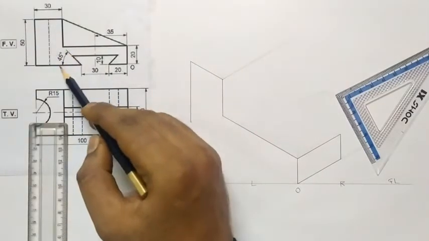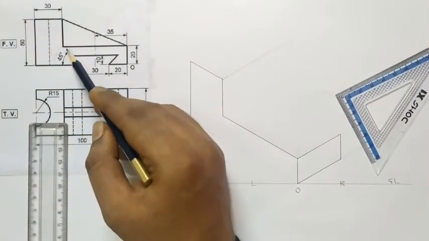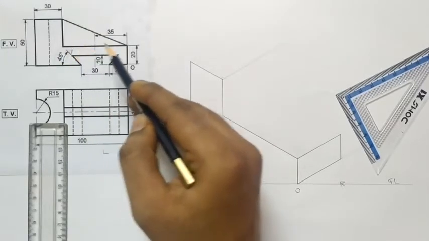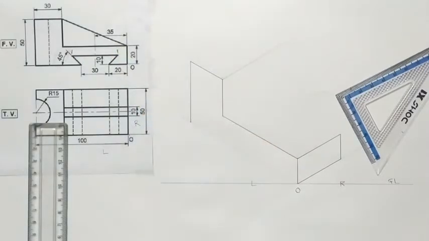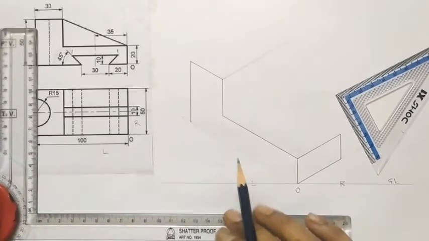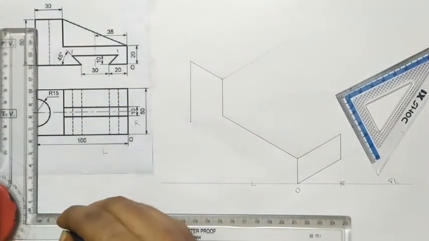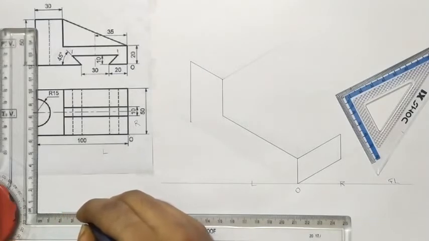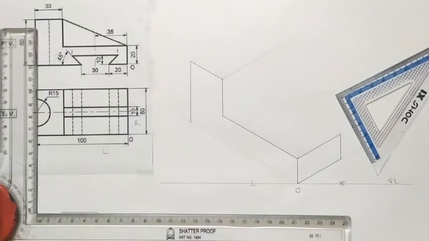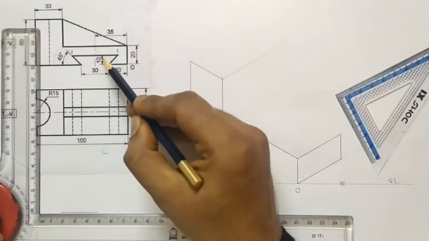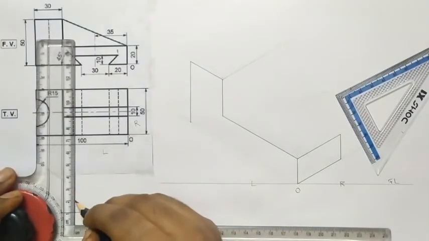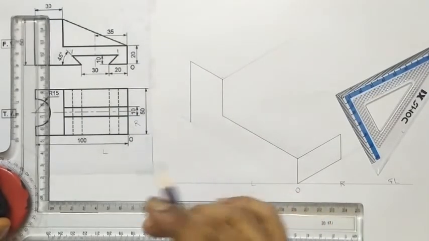Why? Because we can't see exact angular measurements in isometric. So we need to know this much length, what it is. So for that I will construct over here. Since the length is 30 mm, I will draw a 30 mm line, and at the same time the height is 10 mm, so I will take the height which is 10 mm.